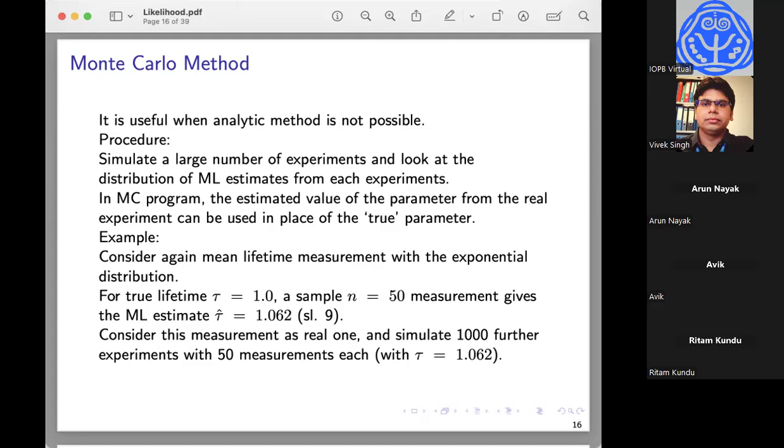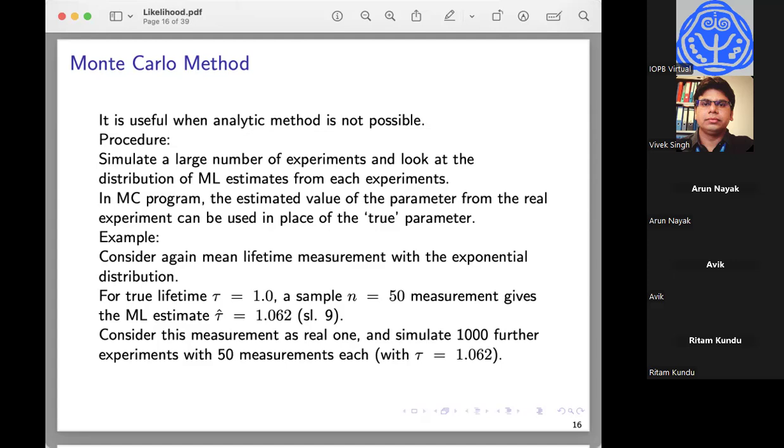Since you have already estimated this from the maximum likelihood fit, you can generate pseudo events, given that you know the PDF. You use that estimated value of the parameter as your true parameter and generate pseudo observations.